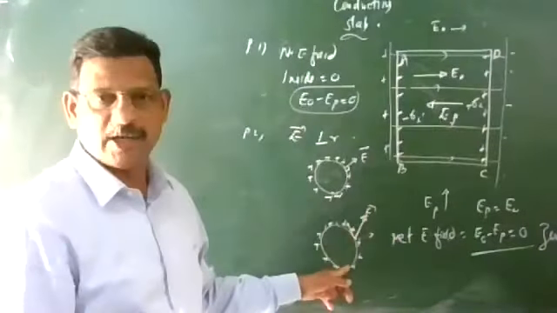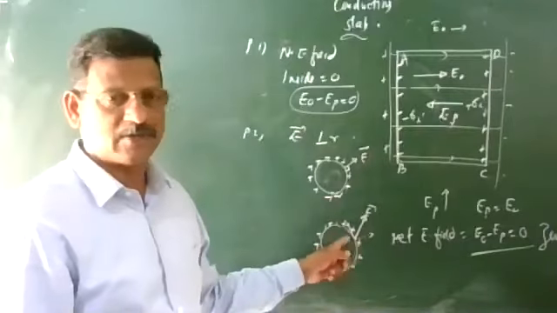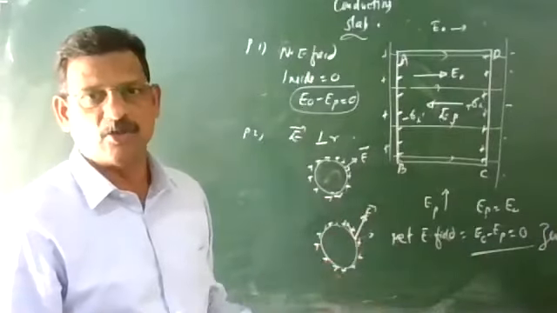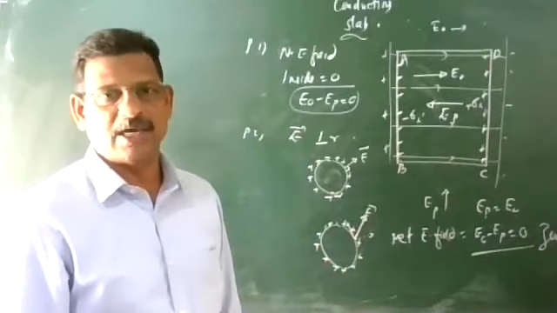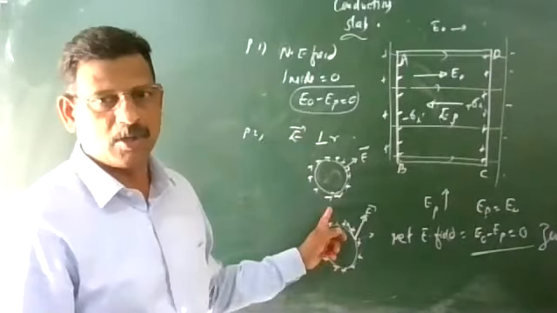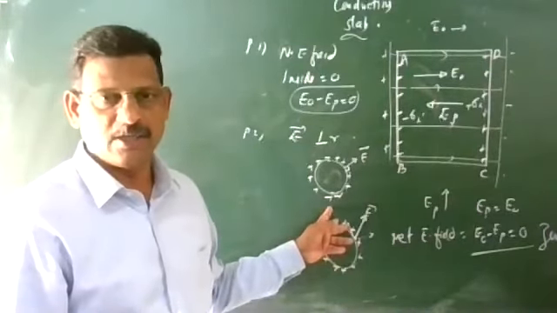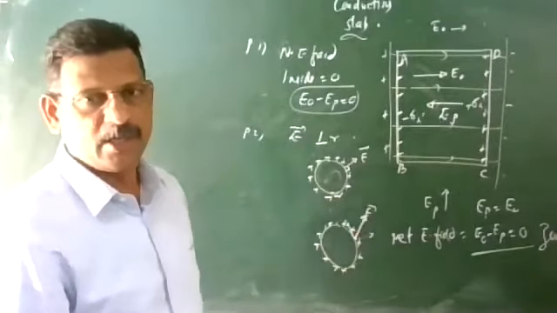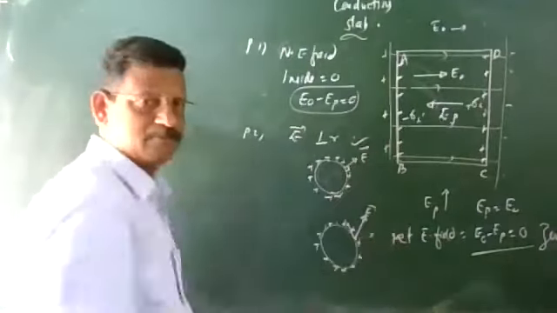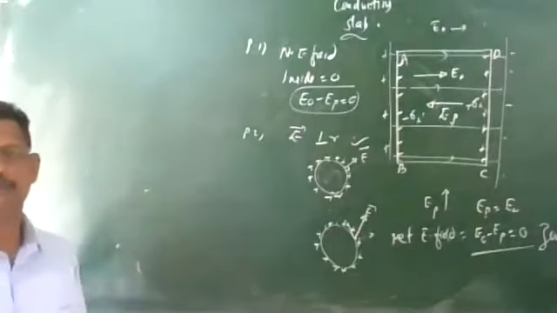So the charge would experience a force and move along the surface. That is not seen, so that is not possible. No component of the electric field along the surface is seen. Therefore the electric field should be normal, perpendicular. This is property number 2.